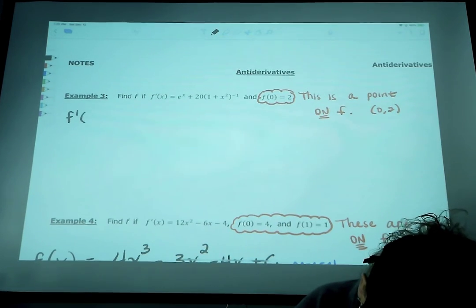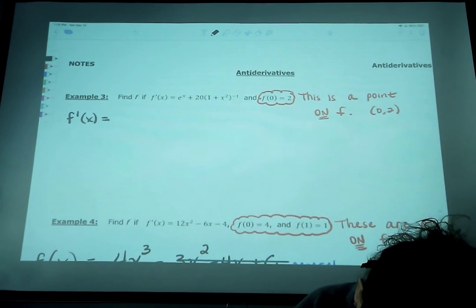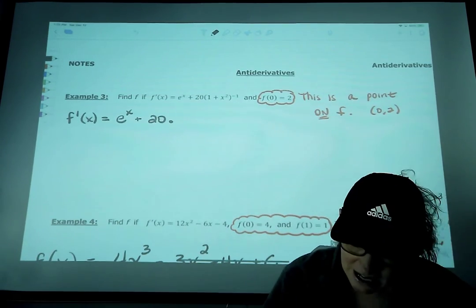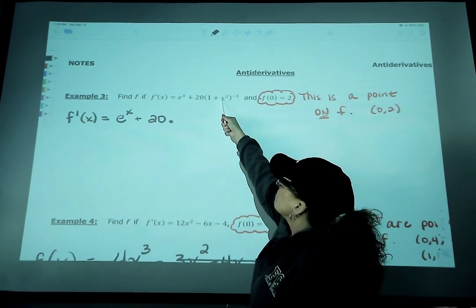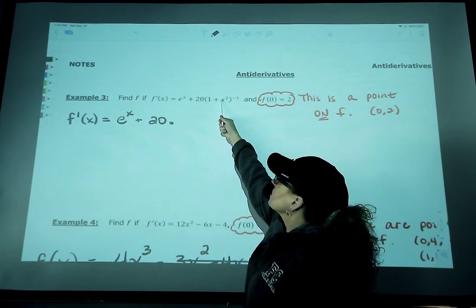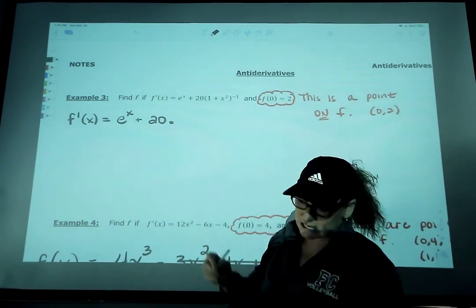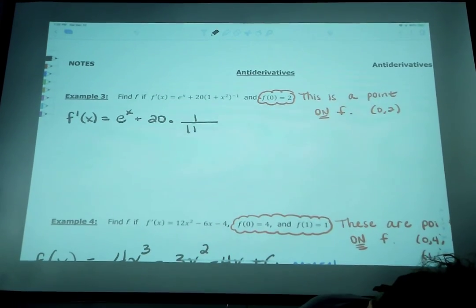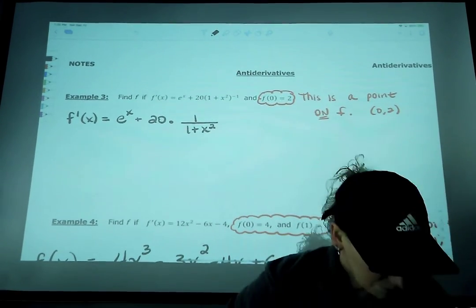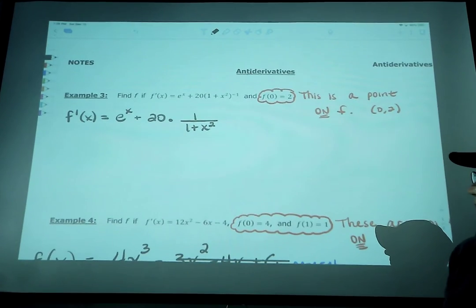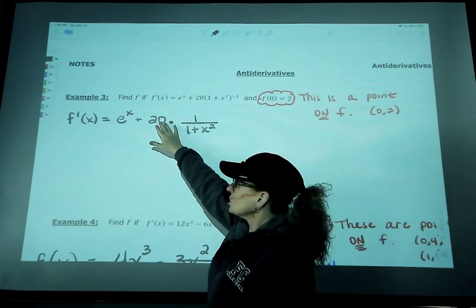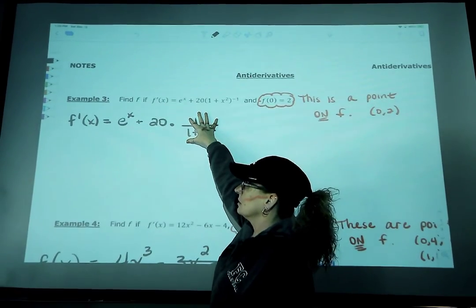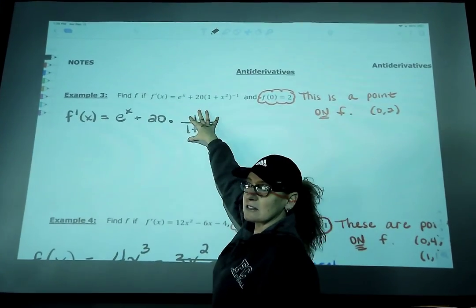So f prime also looks like this. I'm going to slide this basically under the 20, and I'm going to slide them apart. So 20 is like my coefficient of this term. Does this look familiar?